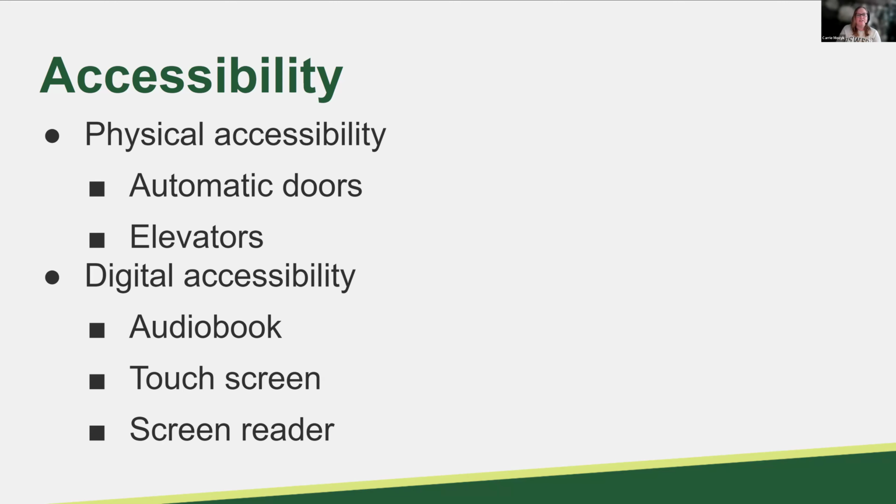And then we also have digital accessibility, which is anything related to a computer, a tablet, a phone. It could be something like listening to an audiobook or using a touch screen, closed captions with videos. Everyone benefits from digital accessibility. It improves the user experience for us all.